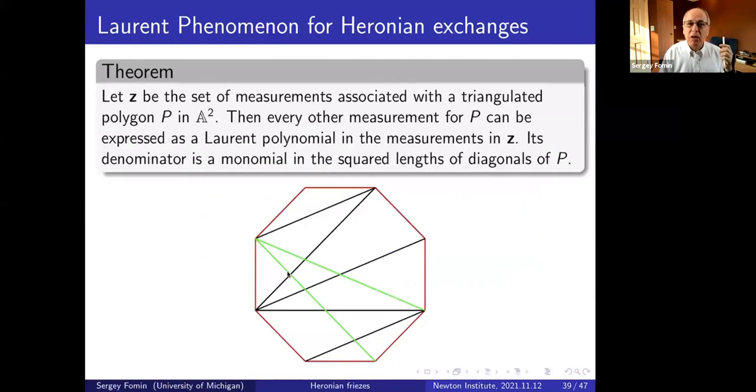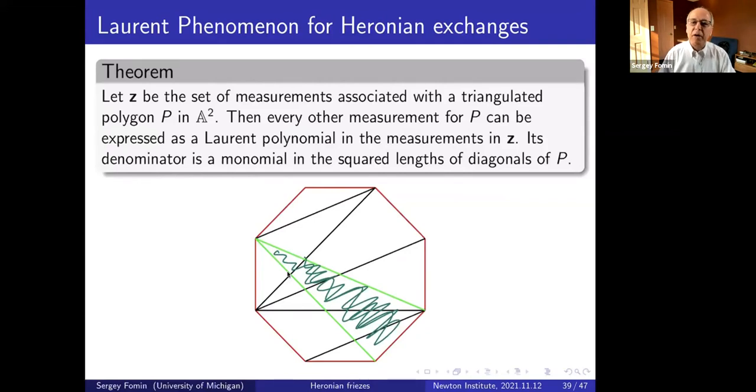And lo and behold, the Laurent phenomenon also holds. In fact, everything will be Laurent with respect to the initial cluster. So the initial cluster is here shown in black, and some distance measurements are shown in green. So these two squared lengths will be written as Laurent expressions in the initial data, and moreover, the area of this green triangle will also be expressed as a Laurent expression.